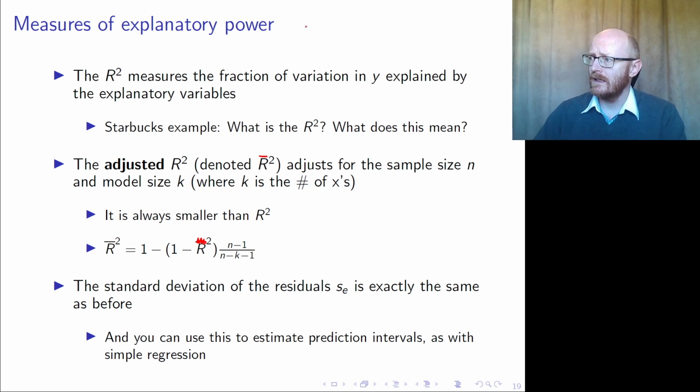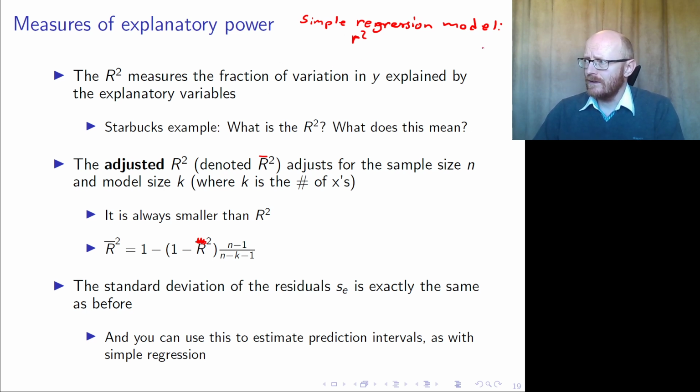In the simple regression model, we have the r squared, which is the small r squared, because r is for the Greek letter rho, which stands for the correlation. From the simple regression model, r squared is just the correlation between x and y, squared.